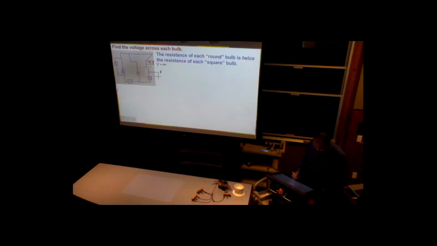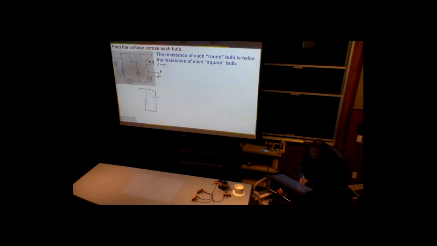Well, again, this is a very weirdly drawn circuit. First we need to redraw it, make it normal. This is abnormal. So a battery, a resistor, another resistor, just a straight wire.